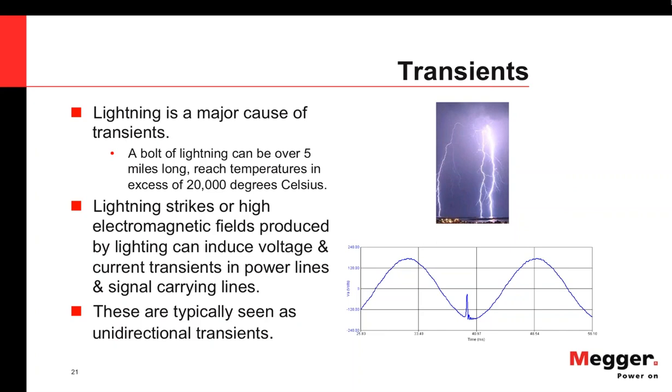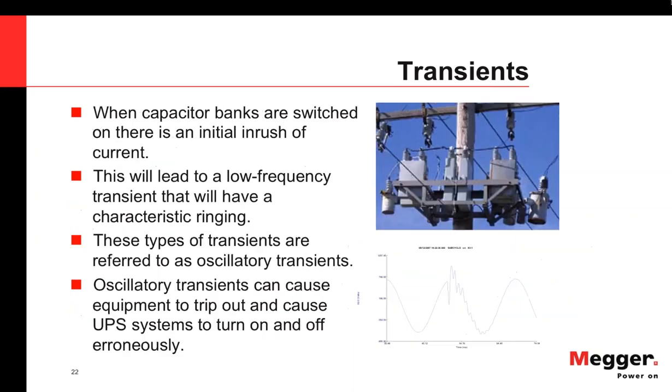These fields, when they cross over the wires, will induce the transients on those wires. So you just need to be in the general proximity, and you will see the transients on the wires. And of course, these are much worse if the grounding is not set up properly. The typical characteristic though is they're typically seen as unidirectional transients. So they go in one direction.